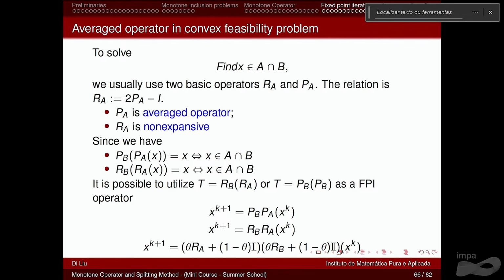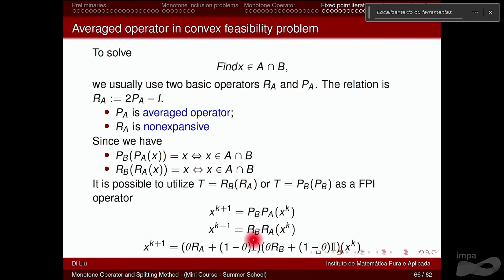But if we make a little modification to these algorithms, then we can get convergence, and maybe also a faster algorithm than the classic composition of projections.